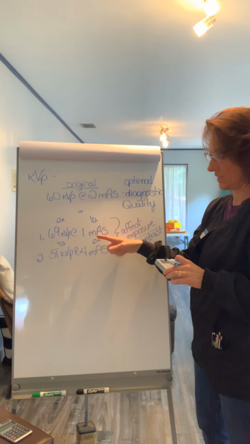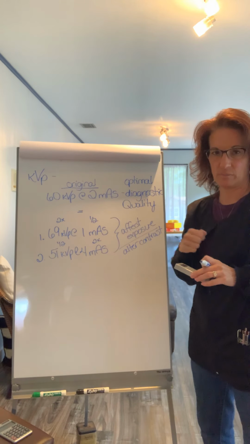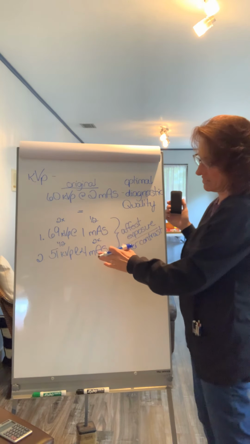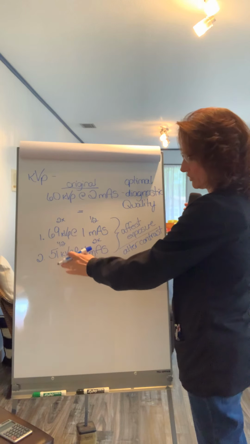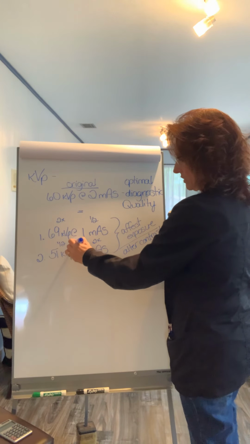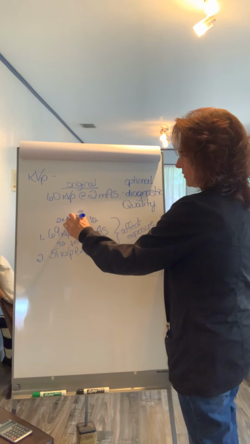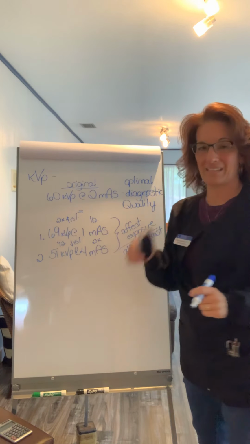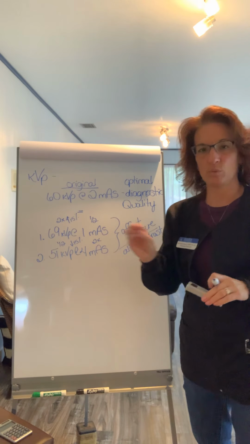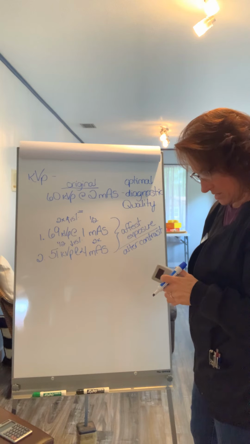So if the mass went down by 1/2, the kVp would have to go up by 15%. And if the mass doubled, the kVp would have to go down by 15%. Because the 15% change in kVp has the same effect as if you were to double or halve your mass. Okay?